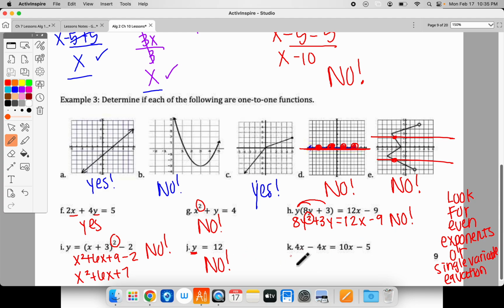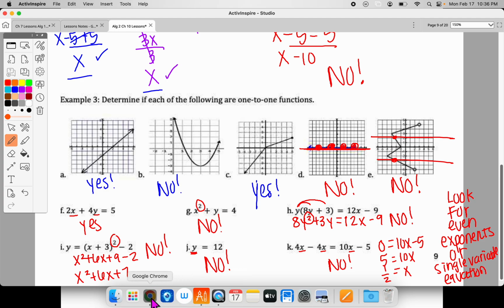Okay, and then this last one right here, I don't have any exponents, but I only have one variable. So because there's only one variable, this is not going to pass the one-to-one function test. You could combine 4x minus 4x is 0. And then if you solved, add your 5 over, divide by 10, you're just getting 1/2.